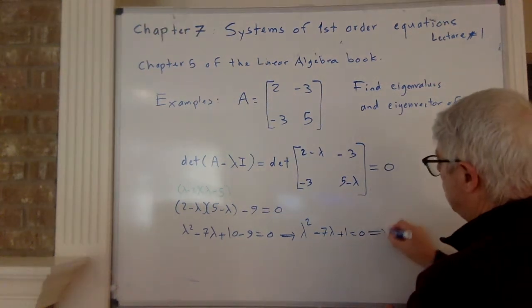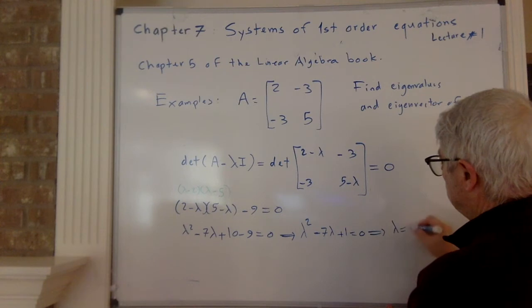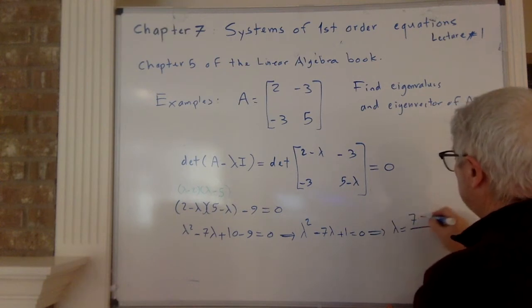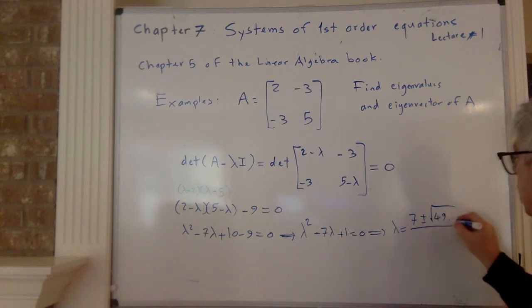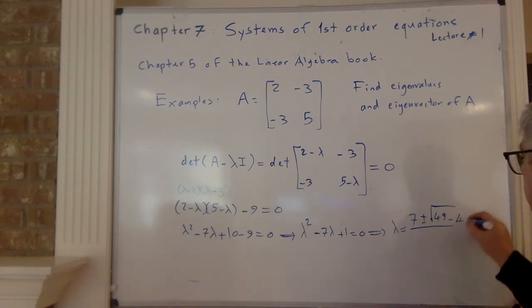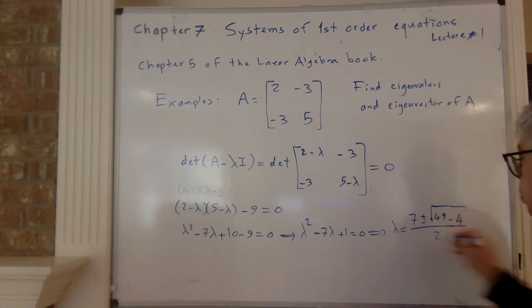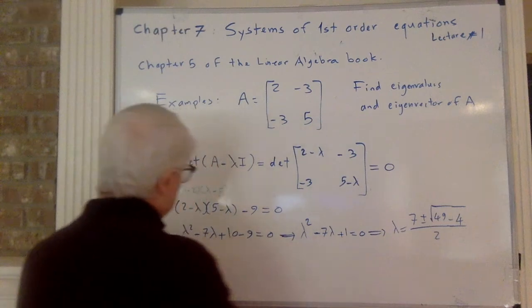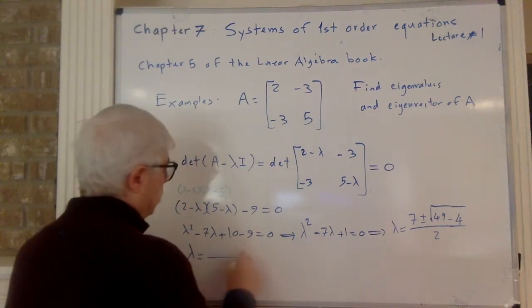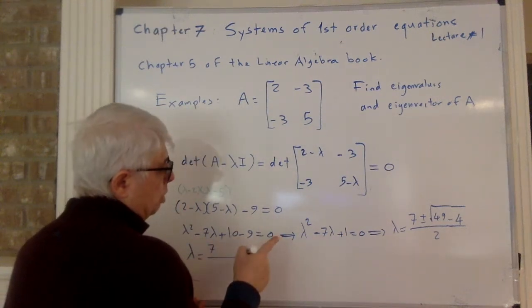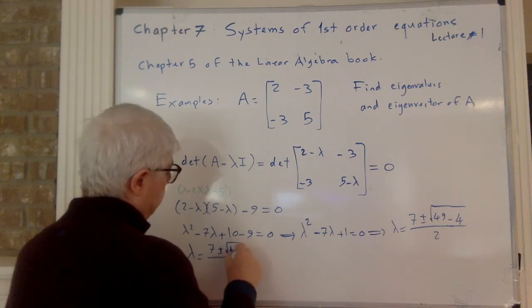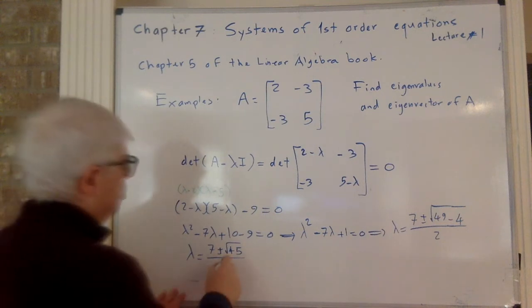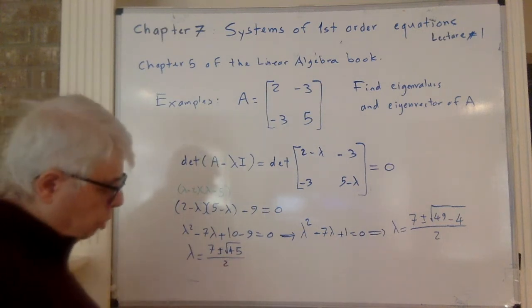So lambda is 7 plus minus the square root of 7 squared, 49, minus 4, over 2. Okay. So lambda will be, let me simplify, 7 plus minus the square root of 45, is it? Yeah, divided by 2. You can leave that square root of 45, that's okay.